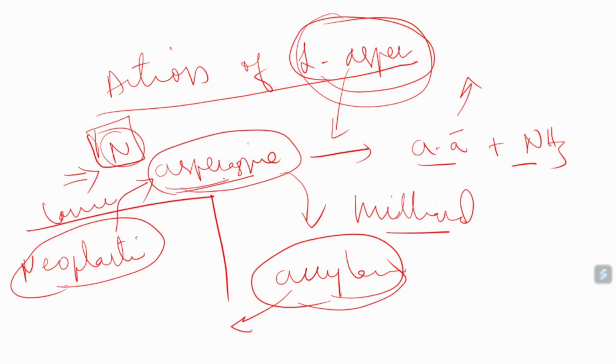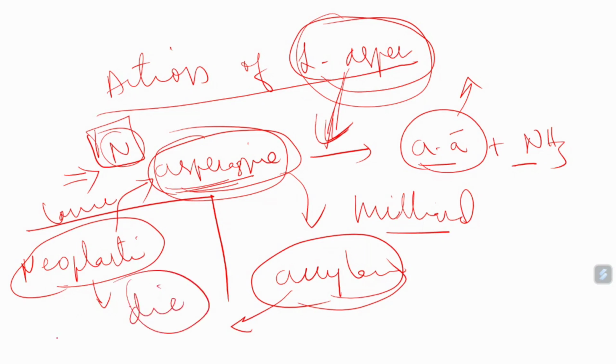In that case, if the L-asparaginase enzyme is used in neoplastic conditions, these neoplastic cells will try to use the amino acid asparagine, and the asparagine availability is decreased when the L-asparaginase enzyme is used. This enzyme immediately converts the available asparagine into aspartate and ammonia, and the neoplastic cell will have a deficiency of this amino acid, and with that the neoplastic cell will die. So in cancer conditions, the L-asparaginase enzyme is used to kill the neoplastic cells by decreasing the concentration of asparagine amino acid. This is the mechanism of L-asparaginase.